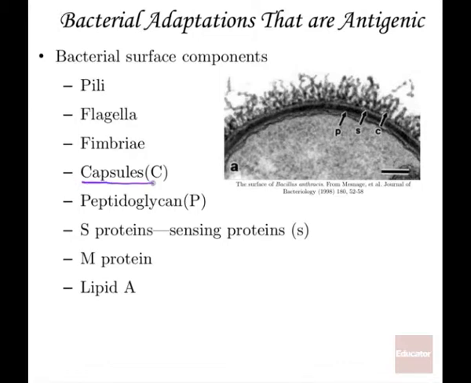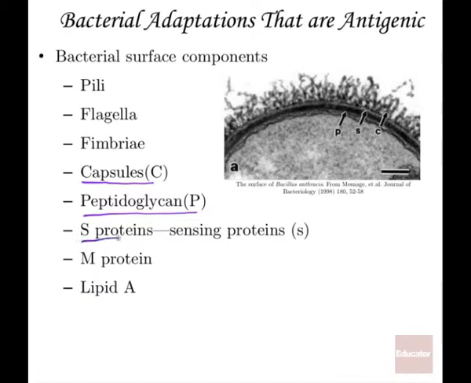We also have capsules, and remember, capsules surround the bacteria, and they can serve certainly as an antigenic structure that is recognized by the immune system. Remember the peptidoglycan layer, remember gram-positive and gram-negative. Remember gram-positive, that peptidoglycan layer is right on the outside of the cell.